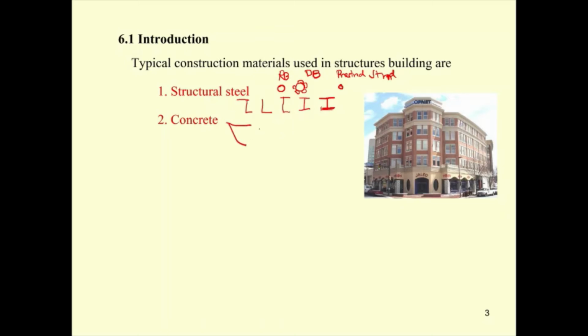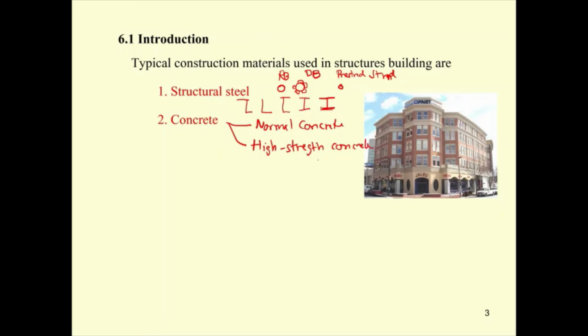Second is concrete. Usually we have normal strength concrete that is used in typical structures. And in some high-rise buildings or special structures, we can use high-strength concrete.